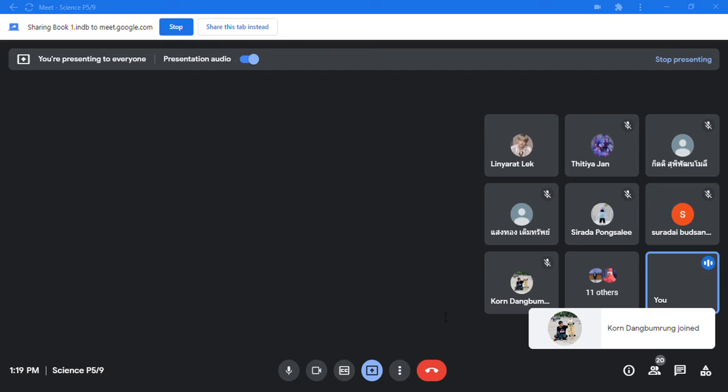Next one. For example, can you read the force? An 80 Newton force. This force has a magnitude of 80 Newton acting to the right. What does magnitude mean, class? Can anyone find it? Anyone know?